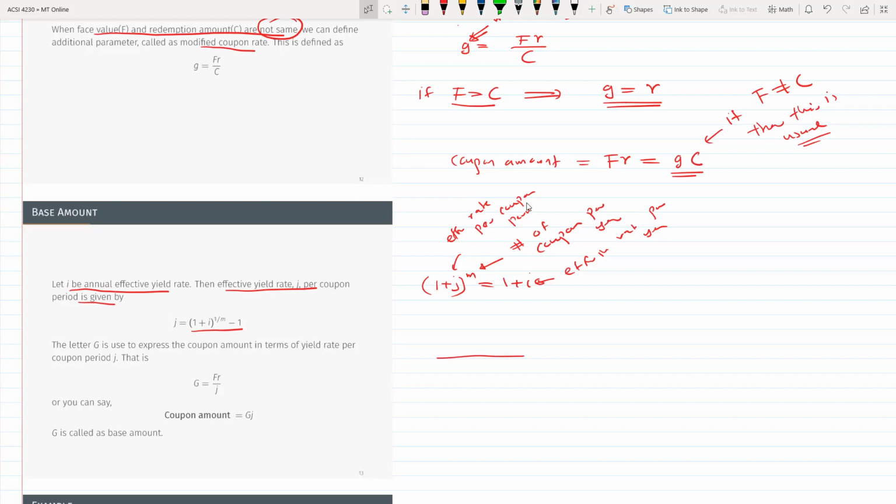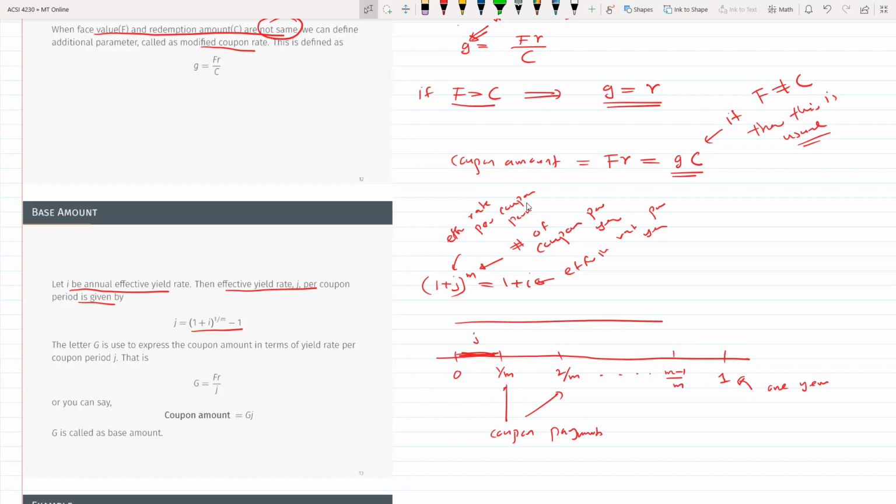If you want it timeline wise, let me do the timeline. Zero. This is 1 year. These are coupon payments. And then the effective rate per coupon period is j.